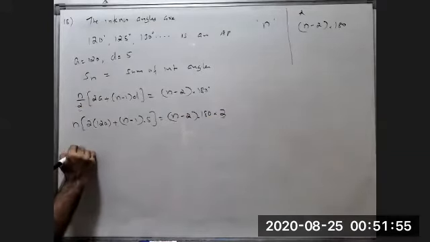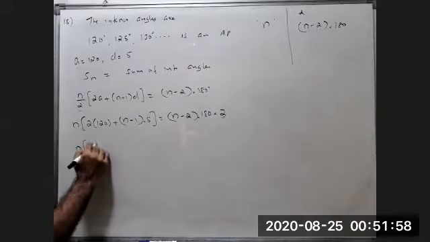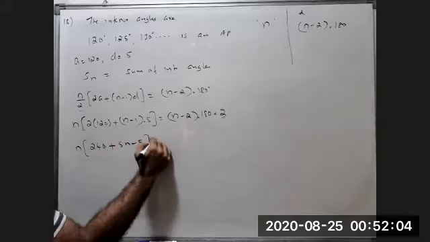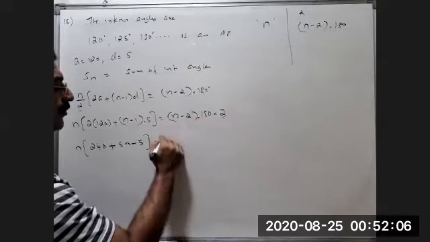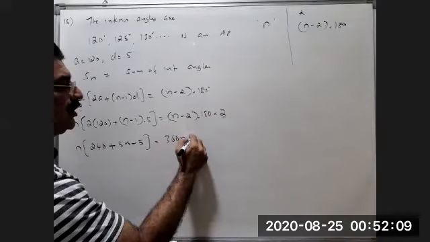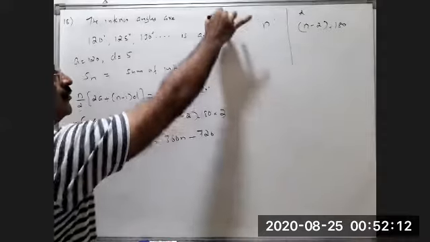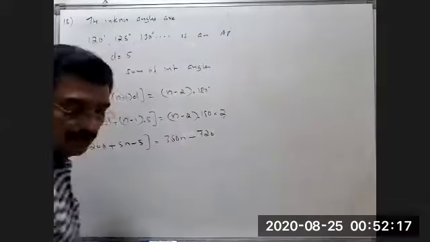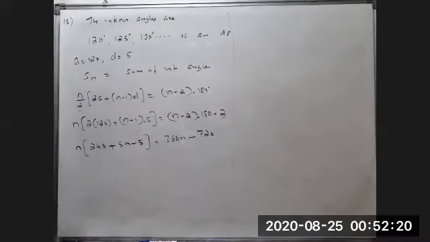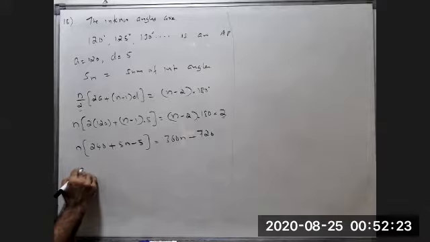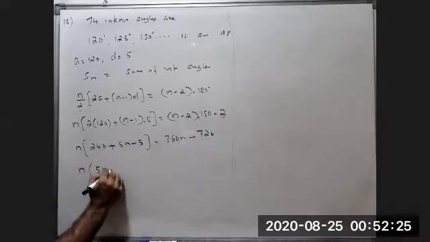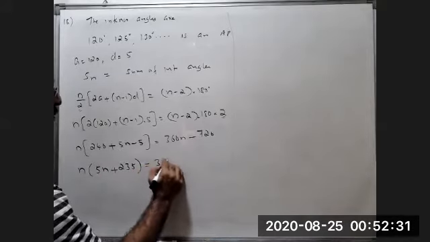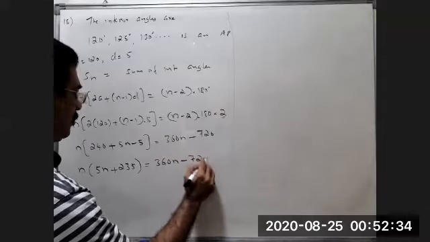This is n into 240, 5n minus 5, and 180 into 2 is 360n minus 720. So 5n plus 235 is equal to 360n minus 720.